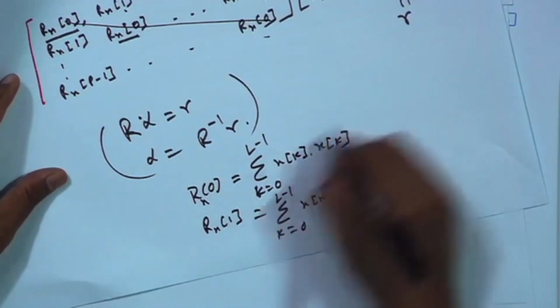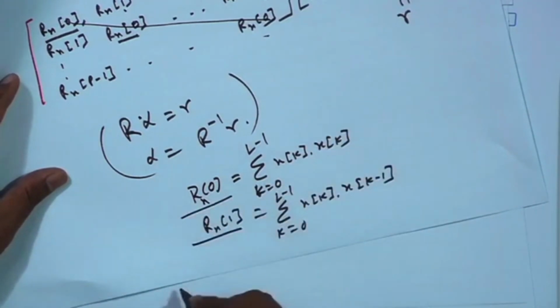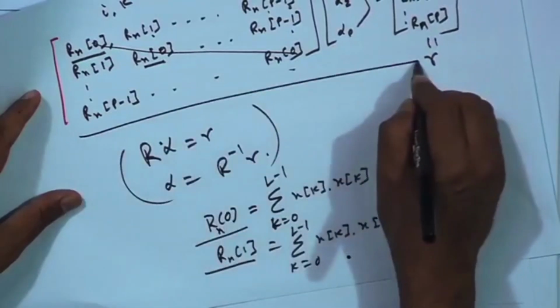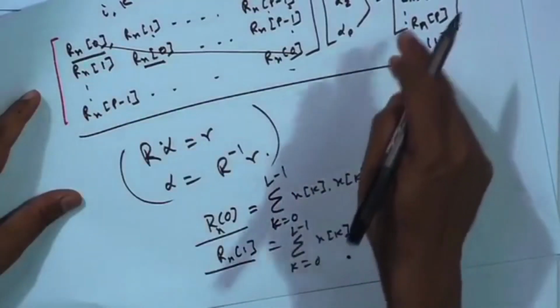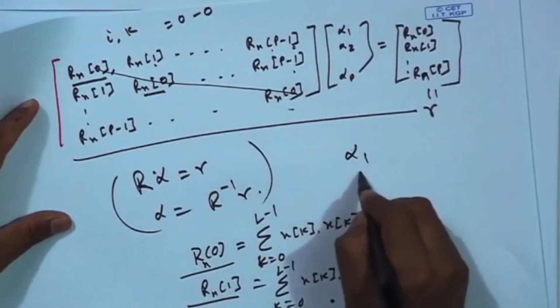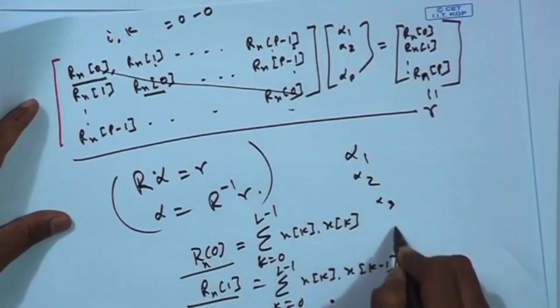I can calculate those autocorrelation R_n values easily from the given signal and put them in this matrix, and using Levinson's method I can solve this matrix for the values of alpha_1, alpha_2, alpha_3 up to alpha_p.